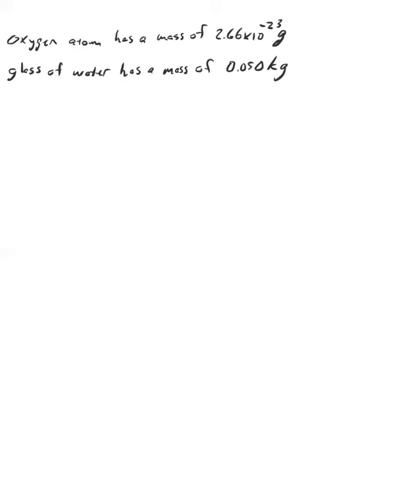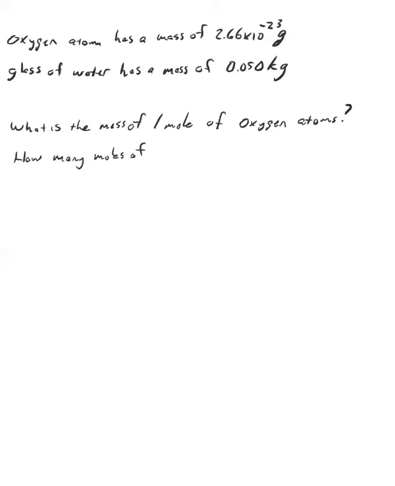So one is, what is the mass of 1 mole of oxygen atoms? And then how many moles of oxygen atoms? So notice they're very explicit here. They're not saying oxygen molecules or oxygen.